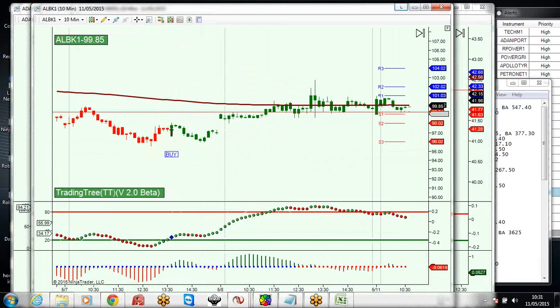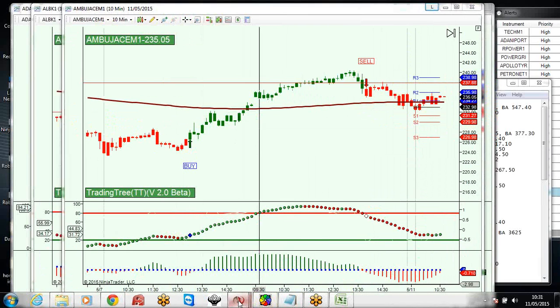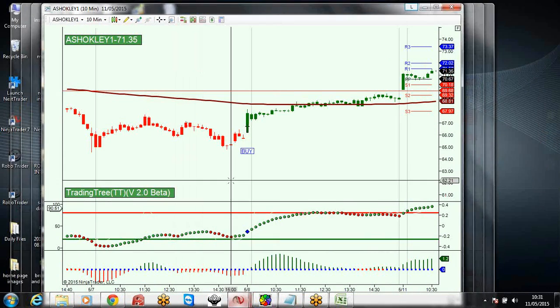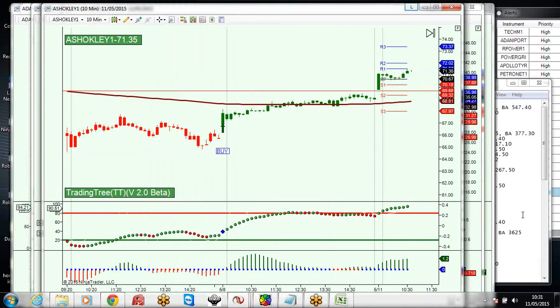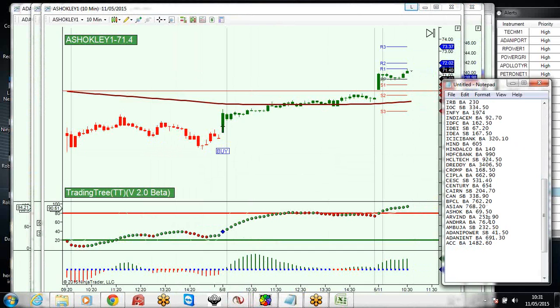Allahabad Bank is absolutely flat. So Ashok Leyland, our entry price was 69.50.